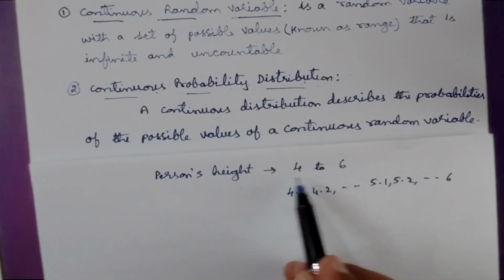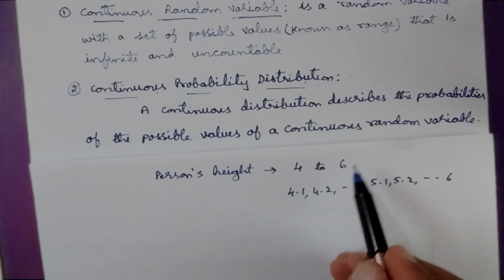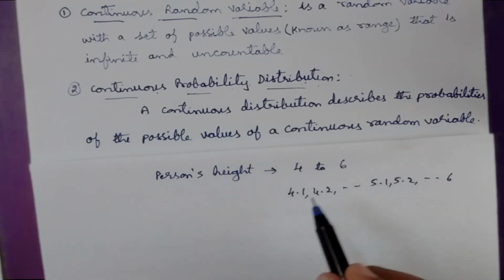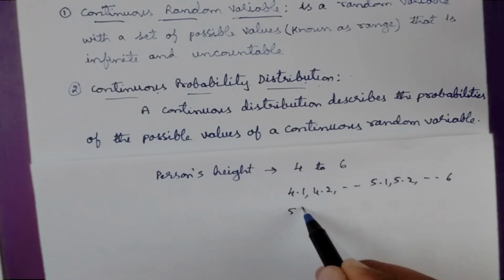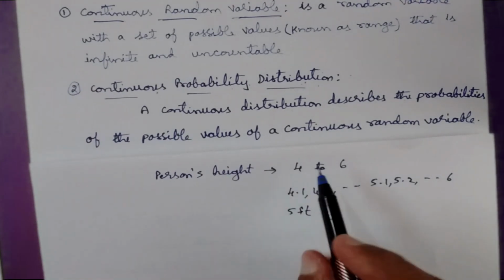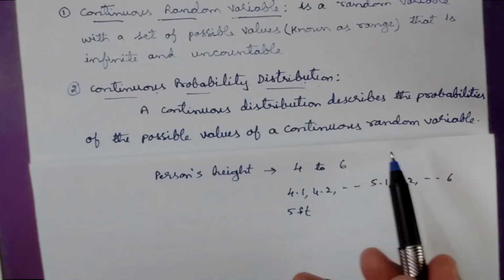So if you want to find out the probability, what is the probability that the person's height will be 5 feet? If you calculate in that way, such type of probabilities will be called as a continuous probability distribution.